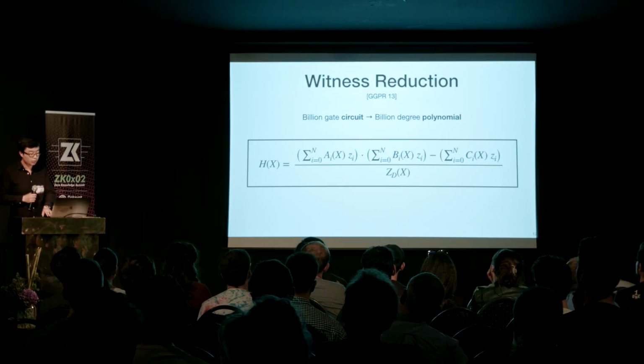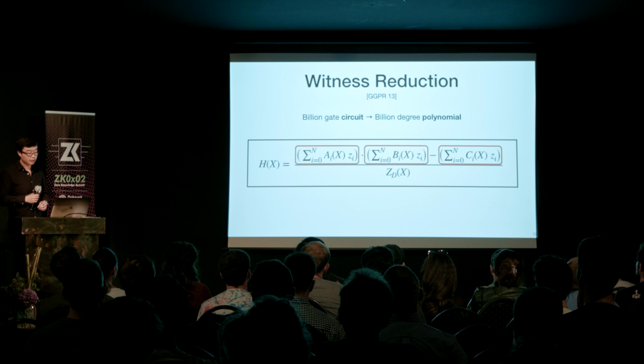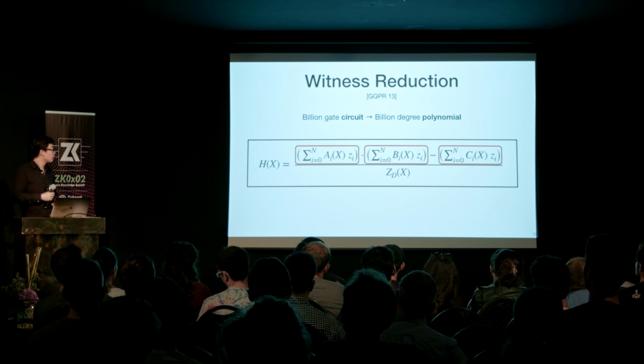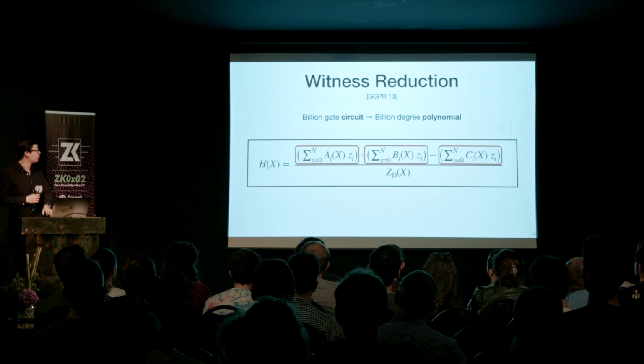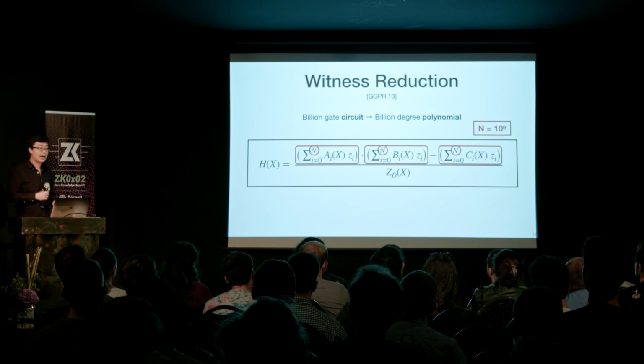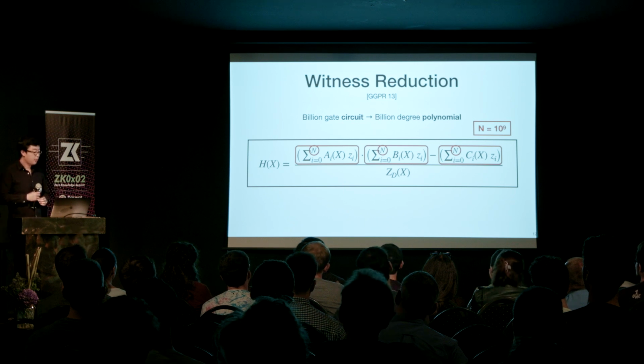If we zoom in on this equation, there are three terms that need to be efficiently represented and evaluated in order to perform the witness reduction. Also notice that these terms have summations from 0 to n, where n is in the billions. So I'll focus on how we efficiently evaluate these summations.